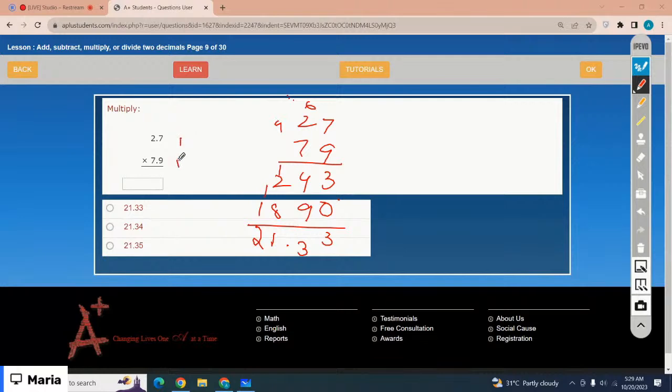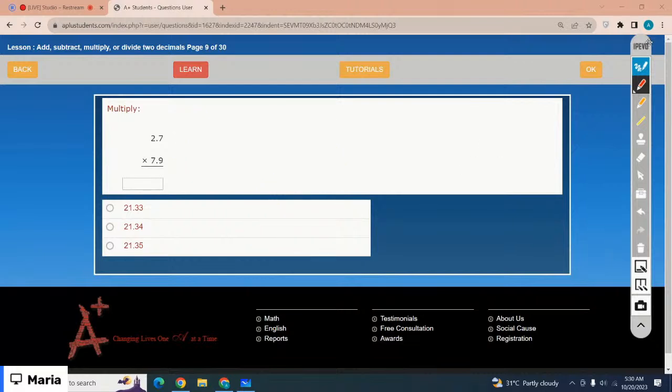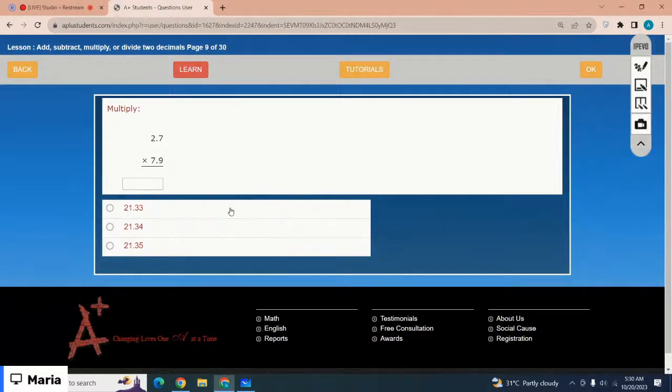You need to put the decimal after two decimal places, since both have one decimal place. So that would be 21.33, right? The correct option is 21.33.